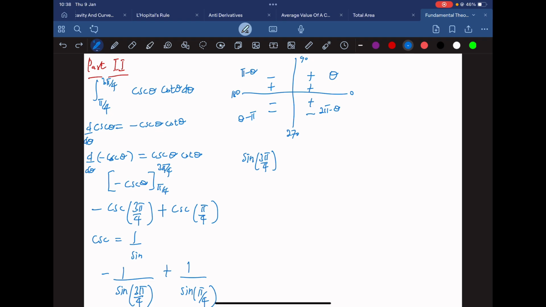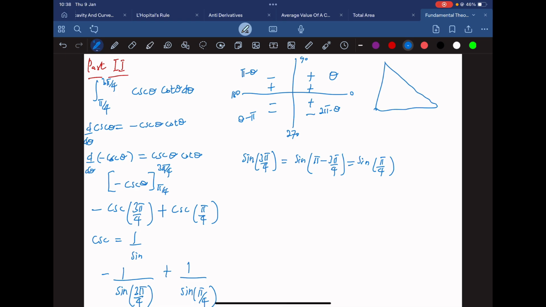But to find it, this is the same as writing sine of, the reference angle that we are going to use is pi minus our theta, which is just 3 pi over 4. And this is just sine. Now, pi minus 3 pi over 4 is just pi over 4. What is sine of pi over 4? We know this already.